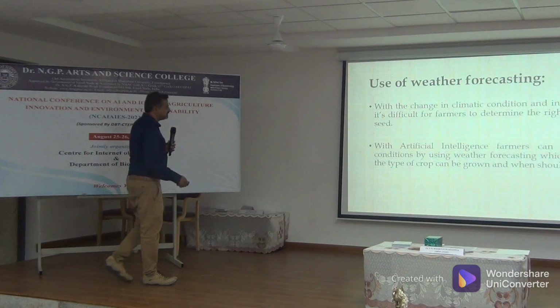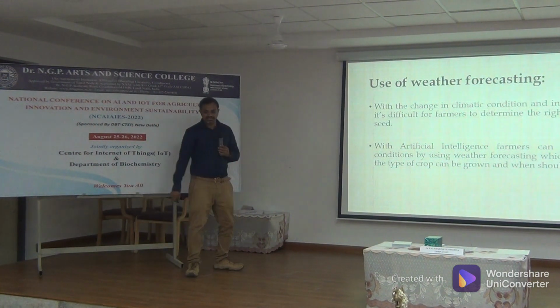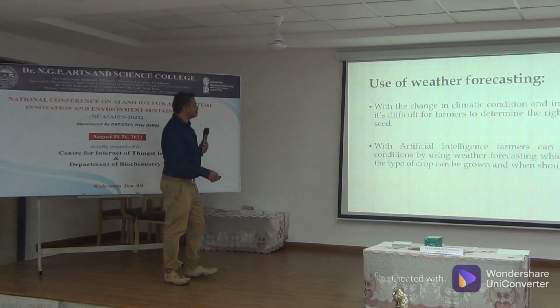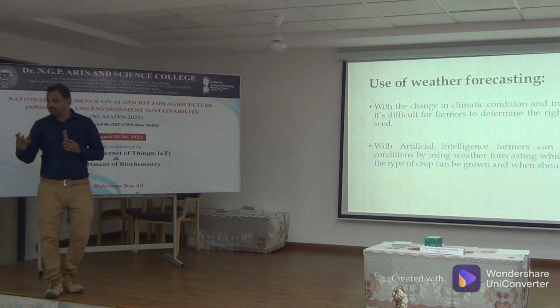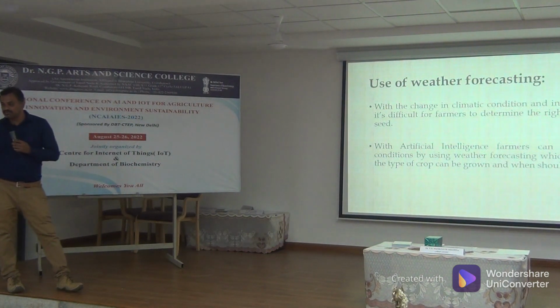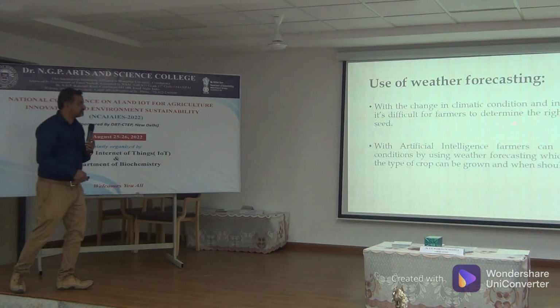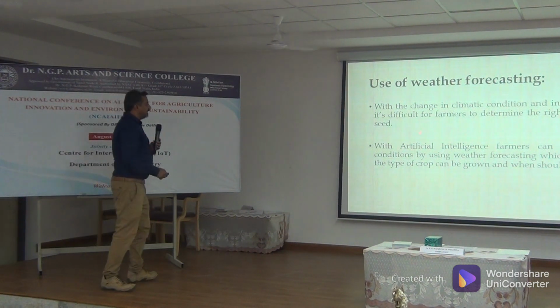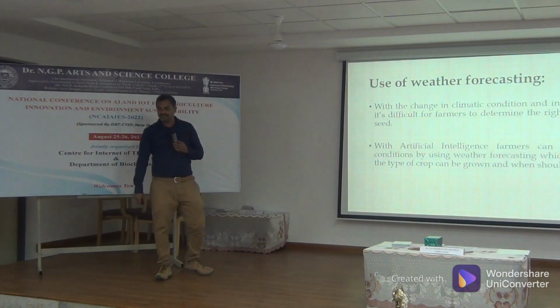Use of weather forecasting, I told, was all with respect to the change in climatic conditions, and also increasing pollution, especially from industry. There is a lot of pollution coming from the industry perspective, so that is one point. Another very important point is the climatic condition. It is quite difficult for farmers to determine the right time of sowing seed.